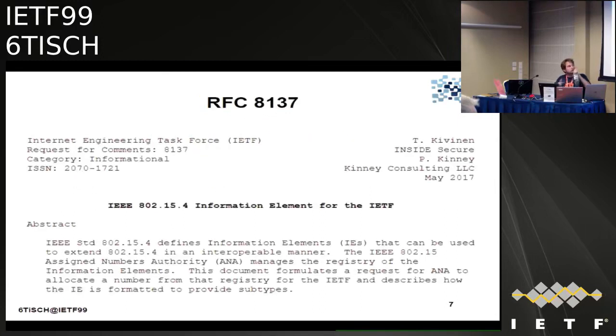We are ready to start, and we'll start with 2 announcements. We have 2 RFCs. One of them comes out of this group, and another is very, very related. The first one is thanks to Tero for doing this work. Now we've got an IETF information element that is officially ours from the IEEE, IE 5, IETF IEEE IE5.